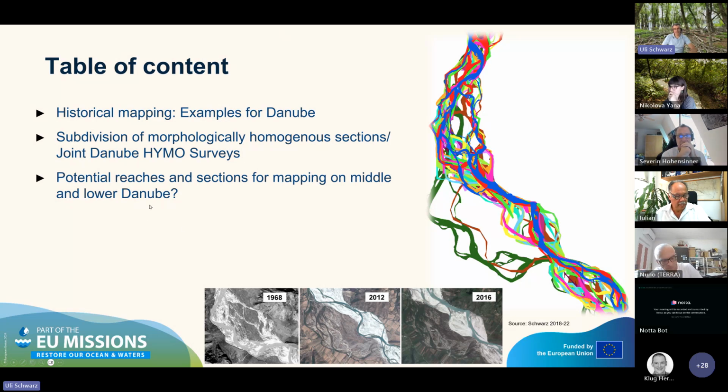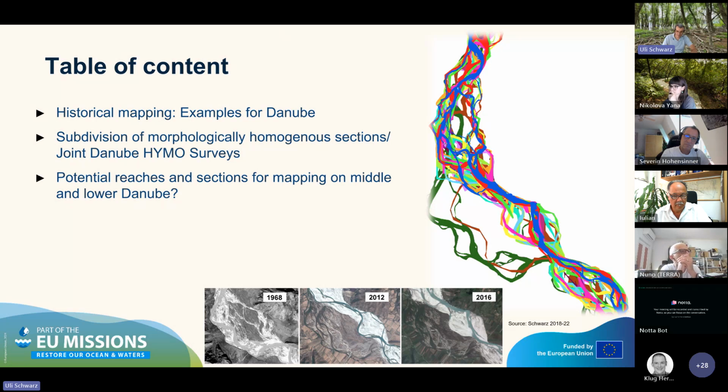And finally, I give some ideas for potential reaches, which are maybe of special importance and fascination, to map on the Middle and Lower Danube. And finally, of course, they all have significant influences on the sediment balance, sediment household, erosion.